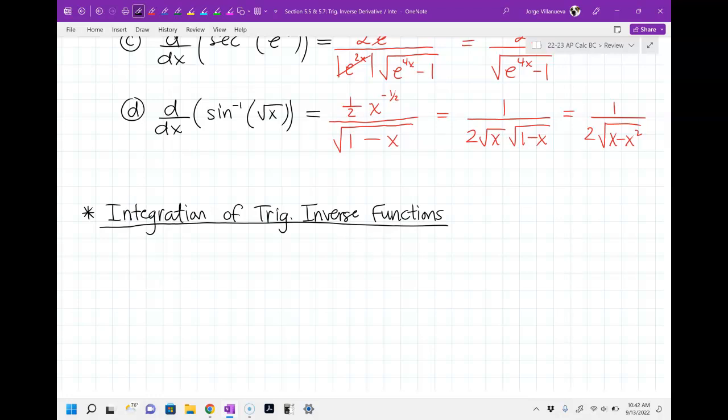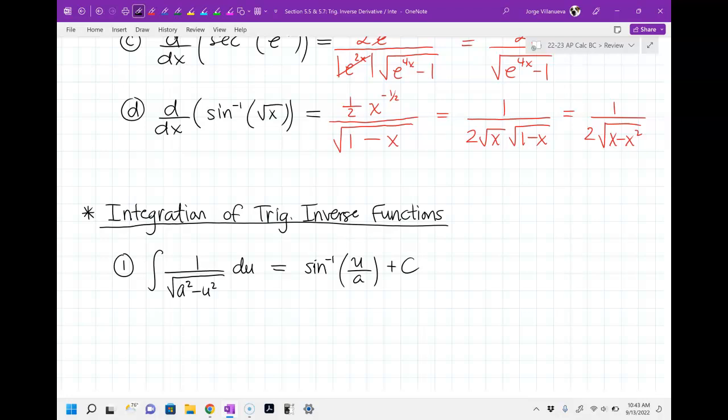So here you go. Very first one. We'll do the sine one first just to keep it consistent with the other stuff. The integral of 1 over the square root of a squared minus u squared du. If it looks like that, then it's sine inverse of u over a plus c. Now it's your job to make it look like the first part.